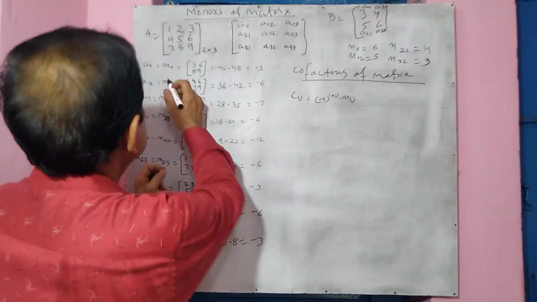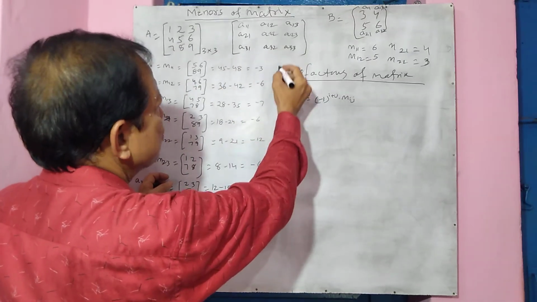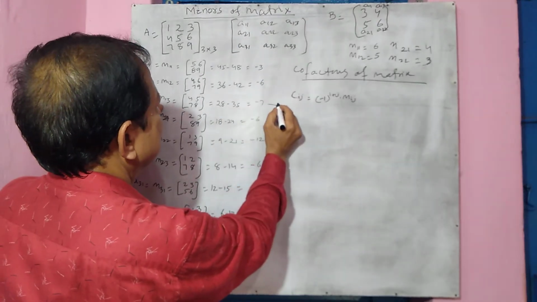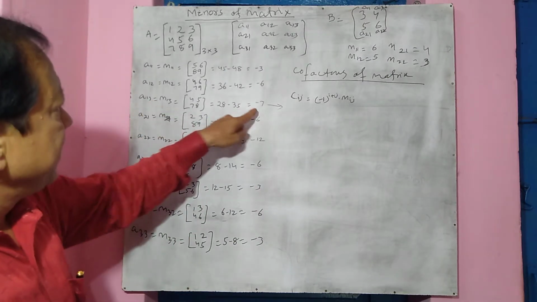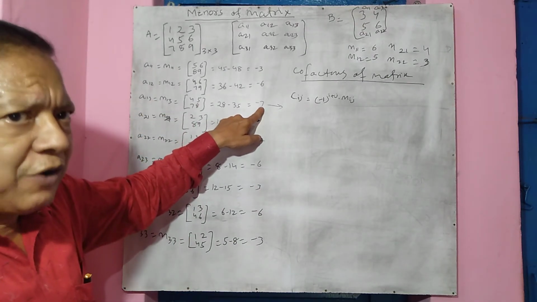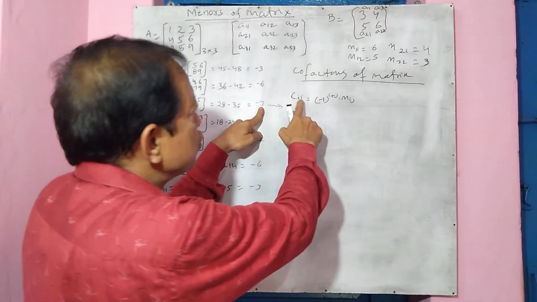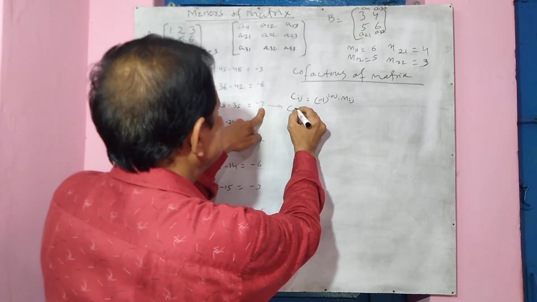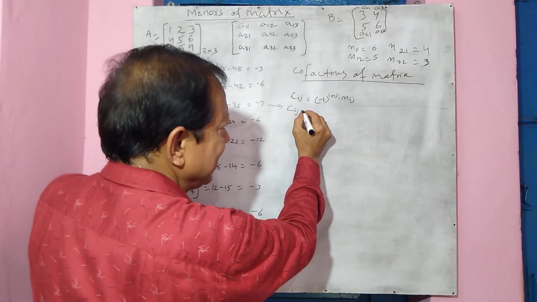So let's talk of the first one, A11. Okay, let's talk of the A13. It is found here. Okay, let's talk of this A13. This is minus 7 we have found out, right? So how can you find out the cofactor? So cofactor of ij, ij means 1, 3.